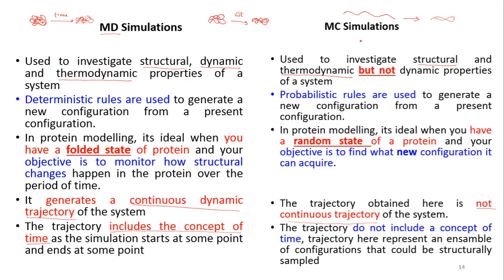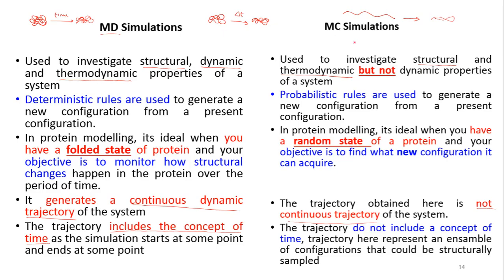In Monte Carlo simulation, the trajectories do not include the concept of time. Whatever frames you visualize in Monte Carlo simulations represent an ensemble of configurations that could be structurally sampled.